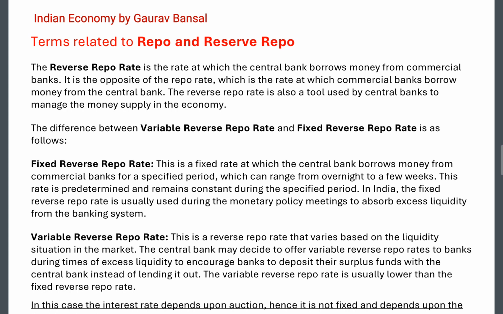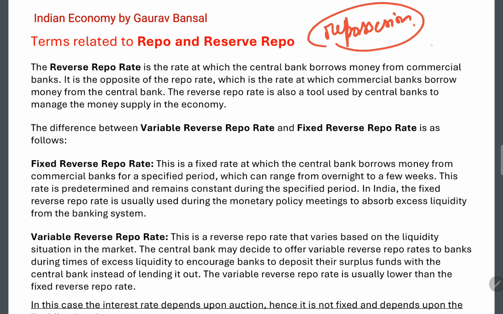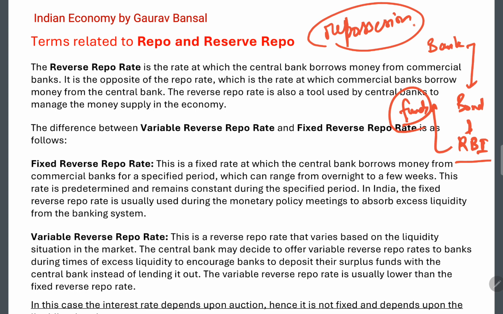So let us start with a very brief backgrounder on the repo and the reverse repo. Repo is short for repurchase, and originally in fact we used the term repossession. Repossession means a bank will, for example, give bonds to RBI, and in exchange it gets the funds, it gets the money.